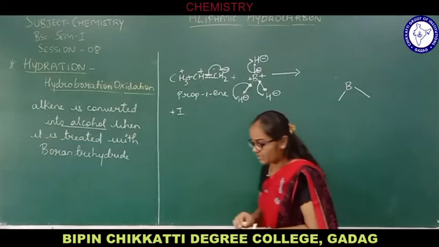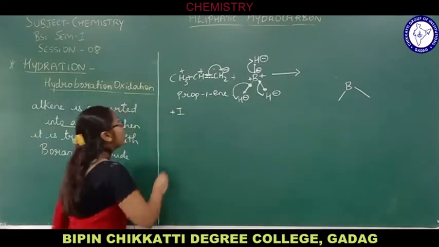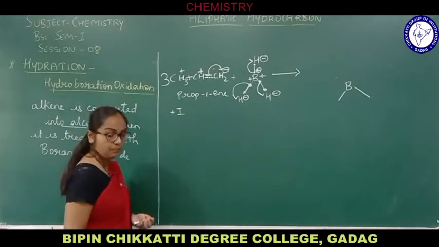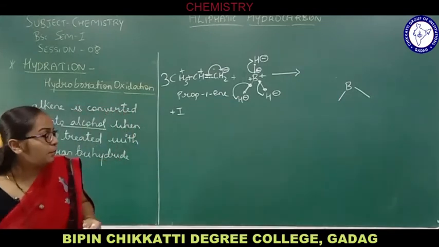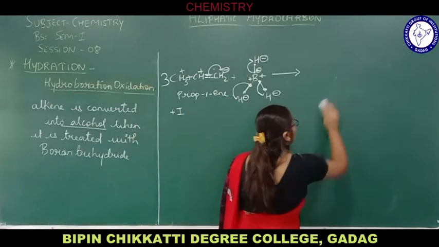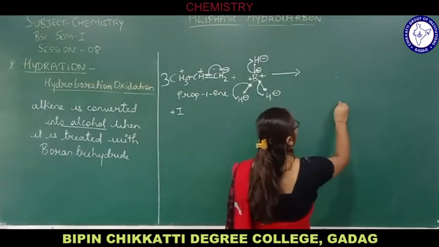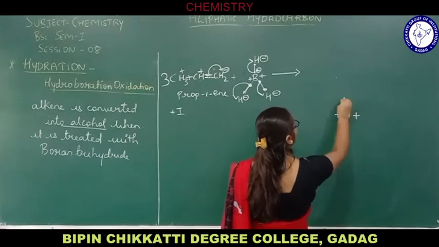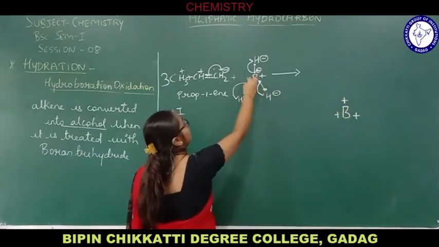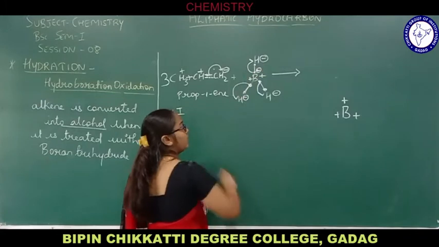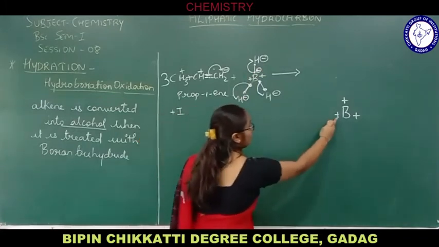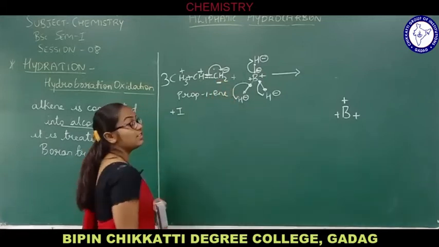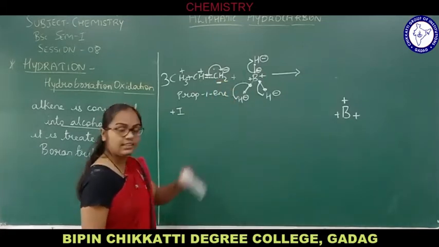One more thing I would like to say: if I consider three molecules of propane, the product will be obtained in such a way that boron is carrying a positive charge in three ways. Towards this positively charged boron, the negatively charged carbon atom of propane will go and get attached.